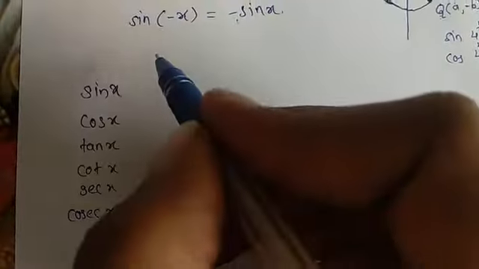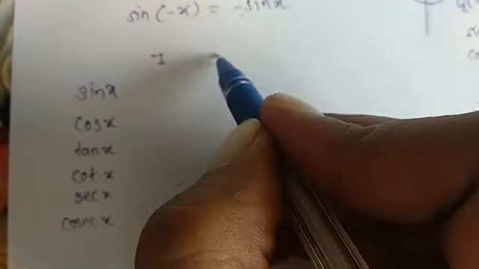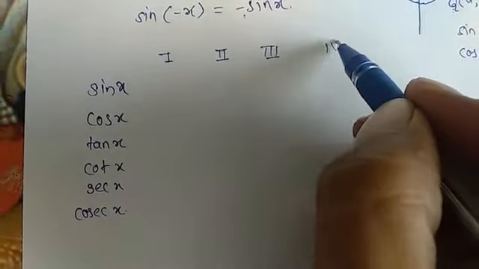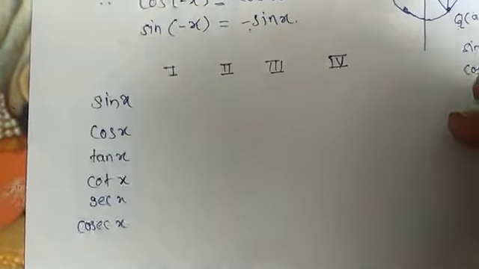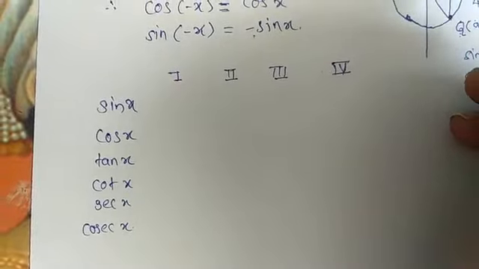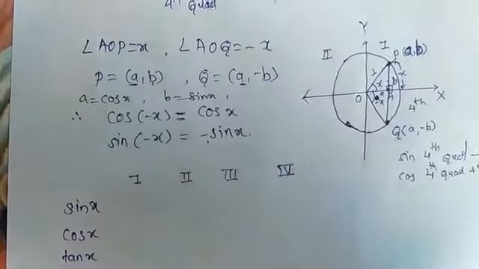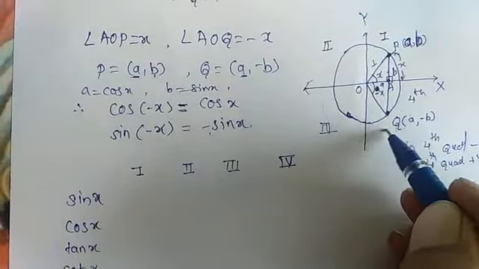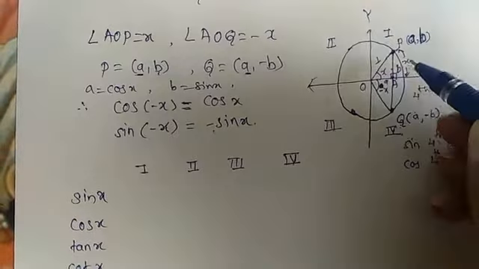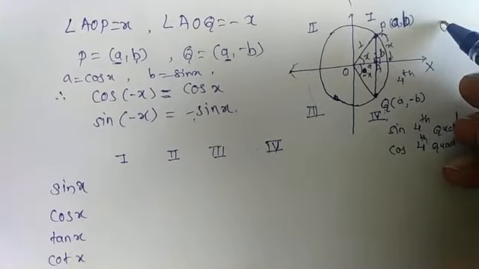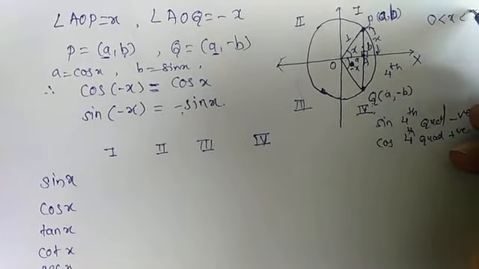Now we have the first quadrant, second quadrant, third quadrant and fourth quadrant. The first quadrant starts from 0 less than x less than pi by 2.